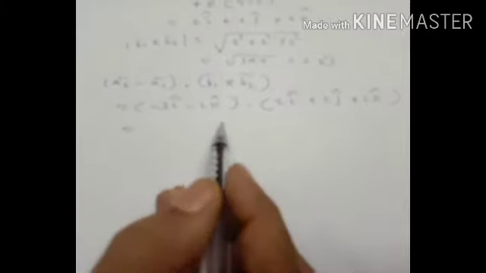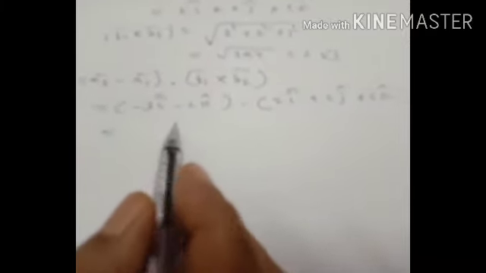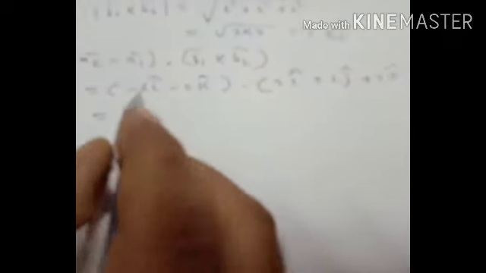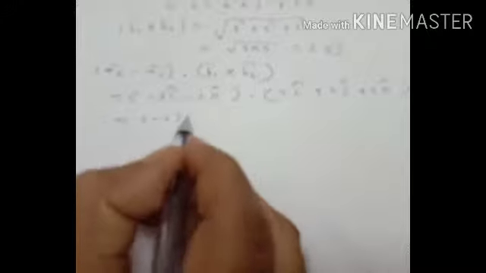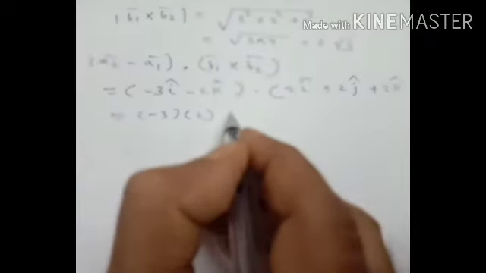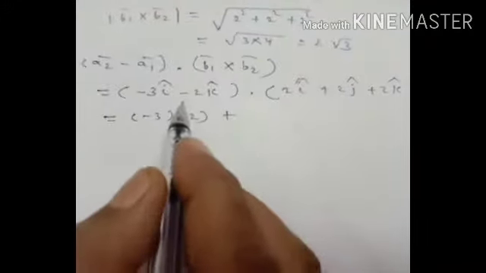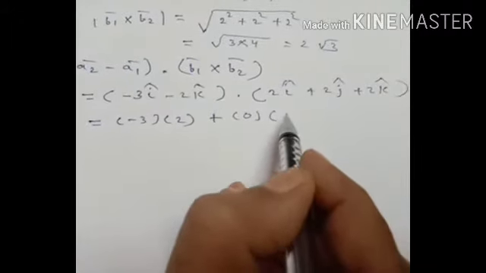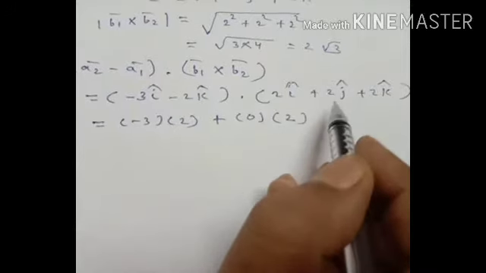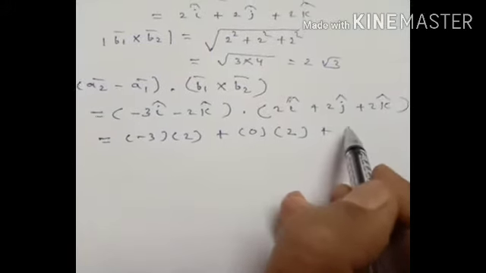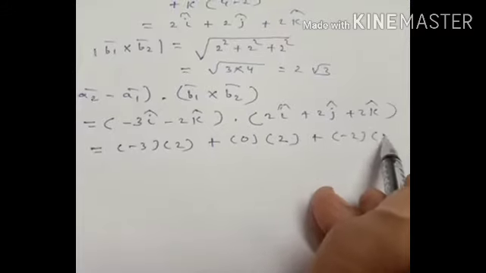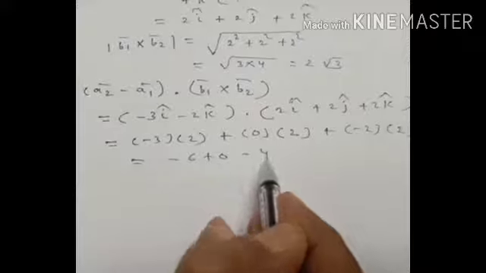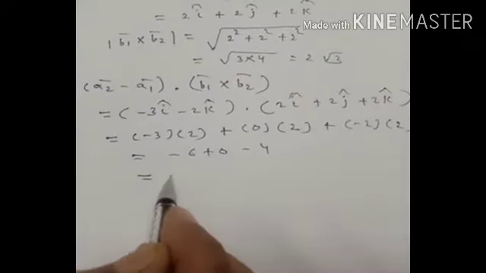The dot product of two vectors is equal to the sum of the products of coefficients of i, j, k: minus 3 into 2, plus the product of coefficients of j. In the first bracket the term of j is absent, so the coefficient of j is 0, plus the product of coefficients of k: minus 6 plus 0 minus 4, minus 10.